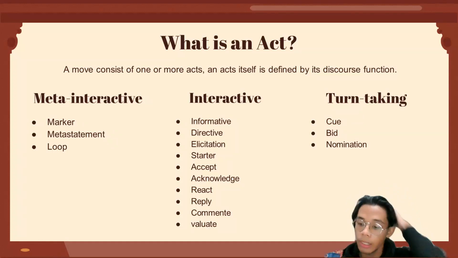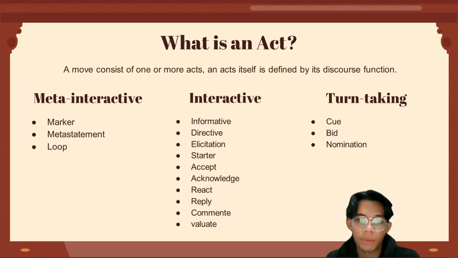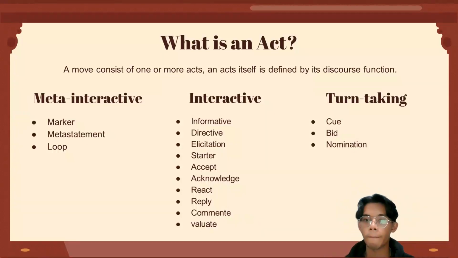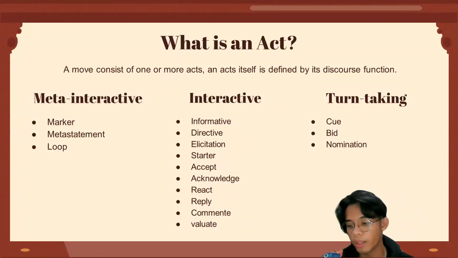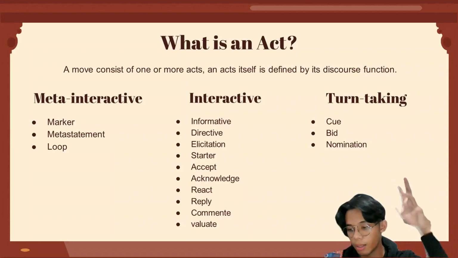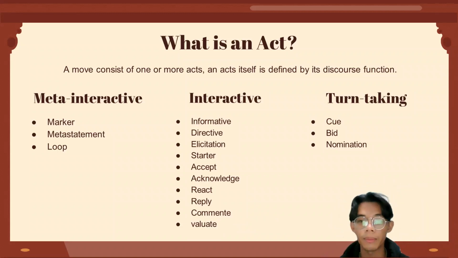Okay. And then the last is the turn taking. There are three here: the cue, bid, and nomination. A cue is when the teacher gives cues to students to raise their hands or do other things to claim the turn. Then a bid is when the students raise their hands or shout like "Sir, may I?" or "Miss, I want to answer now."